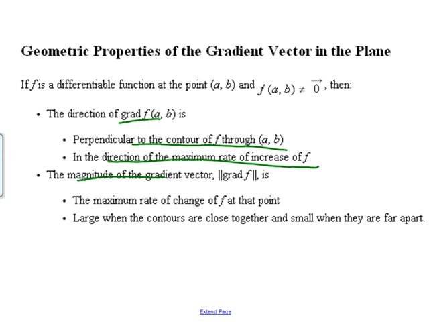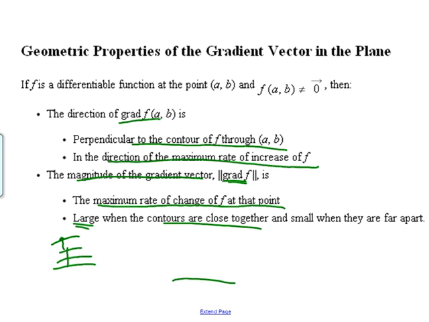The magnitude of that gradient vector, grad f, is the maximum rate of change of f at that point. So that shows us how quick our quickest rate of change can be at that point. And when the contours are close together, that value is very large because we're passing through a lot of z values quickly. Versus if the contour lines are far apart, we have to travel further to change a z value.